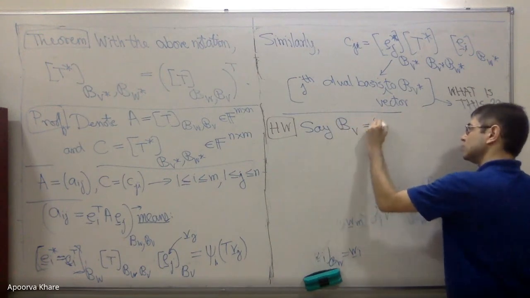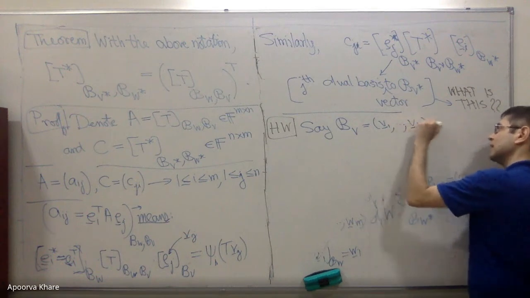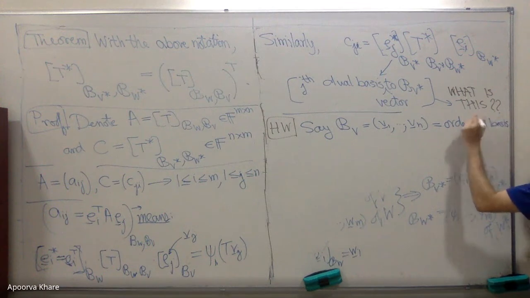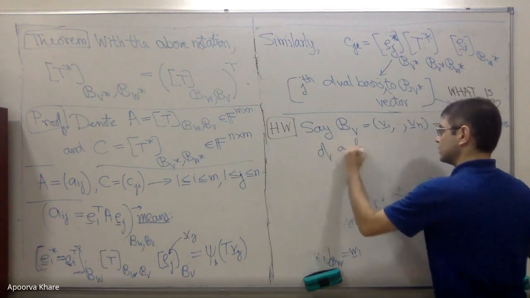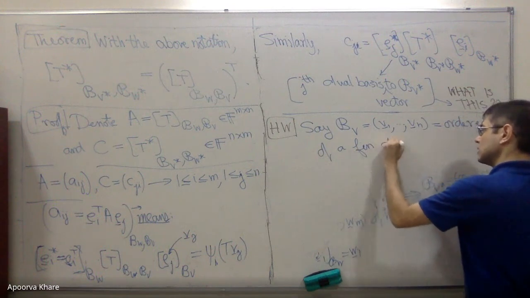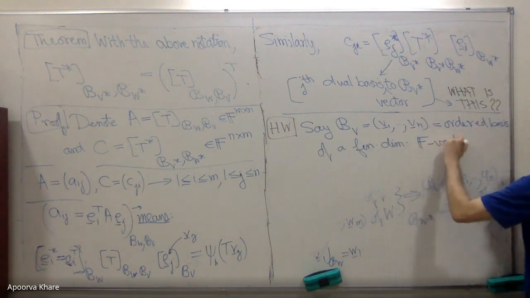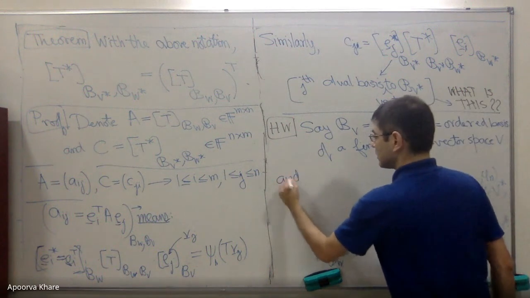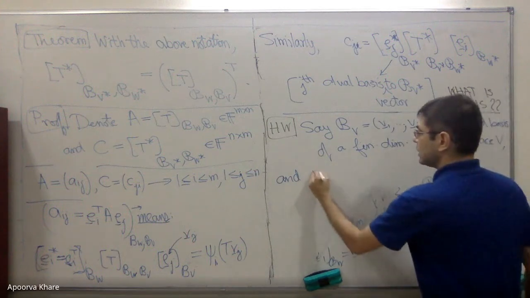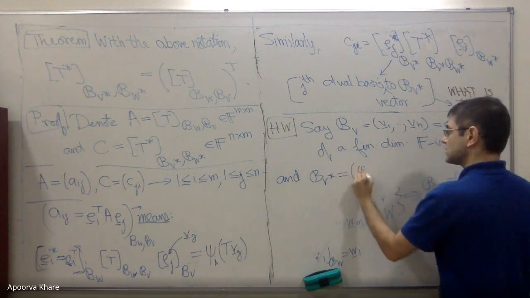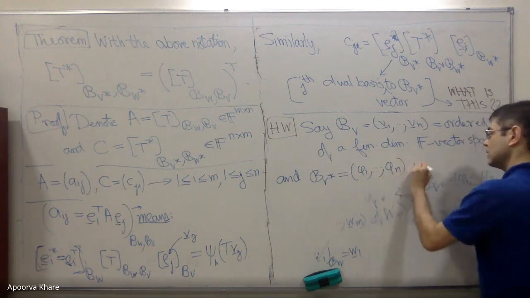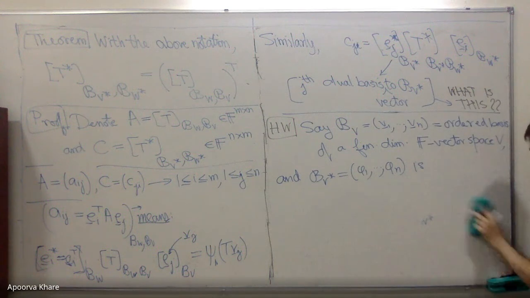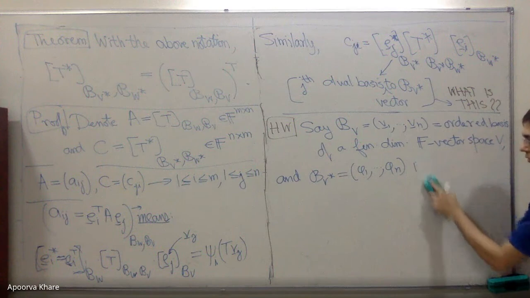Say V equals V1, Vn is an ordered basis of a finite dimensional F vector space V. Okay, and maybe I'll put a comma here, and V star equals psi 1, psi n is its dual basis. So psi i of Vj is delta ij.